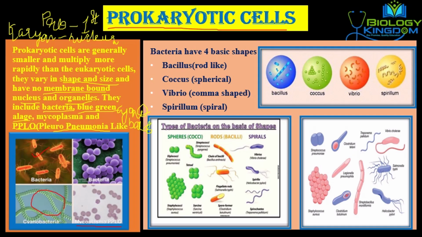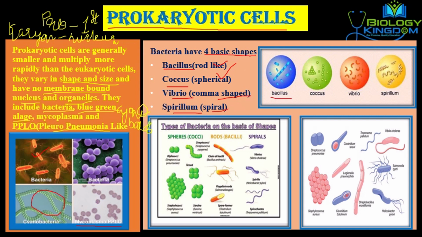Bacteria basically have four shapes. In nature they are present in these four basic shapes: bacillus, rod-like; coccus, spherical; vibrio, comma-shaped; and spirillum, spiral. Here we can clearly observe this.